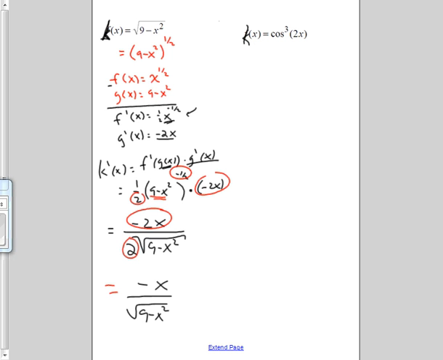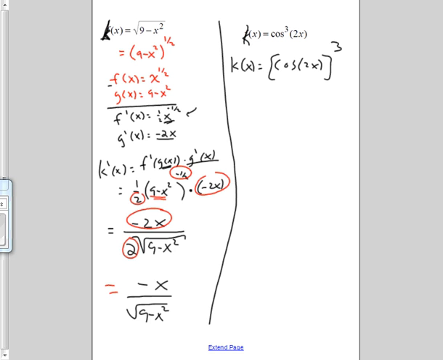What about the next one? Well, the next one is actually pretty tricky because it has multiple functions. So the first thing I would do here is write this as cosine of 2x, cubed. I think writing it like that makes it more clear that the outer function is x cubed. The inner function, well, there's actually two inner functions.